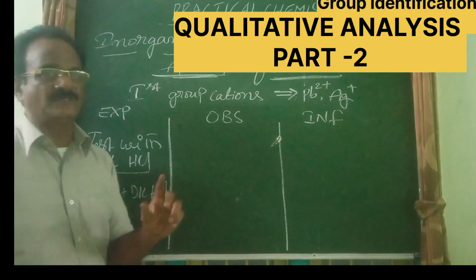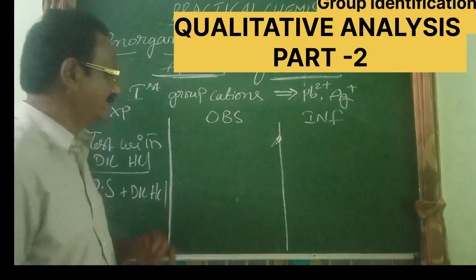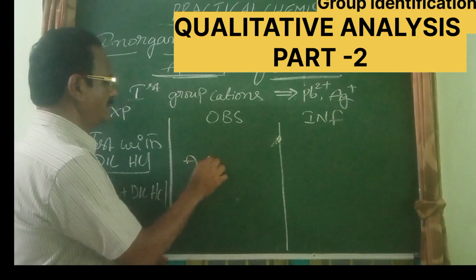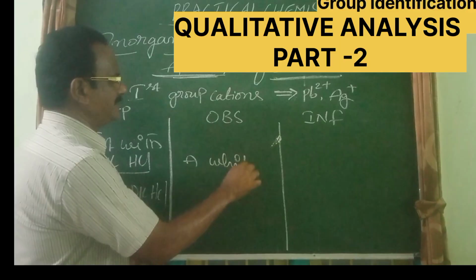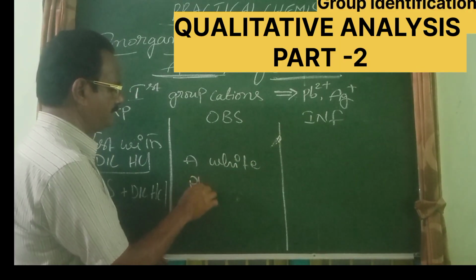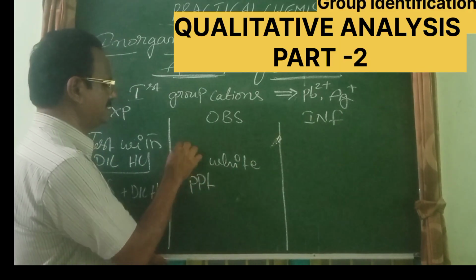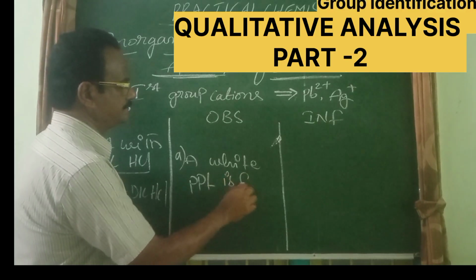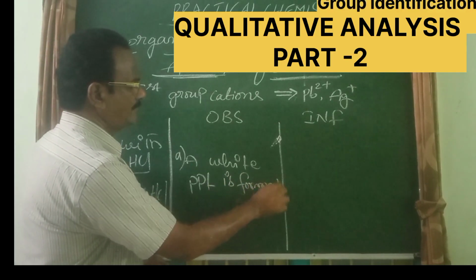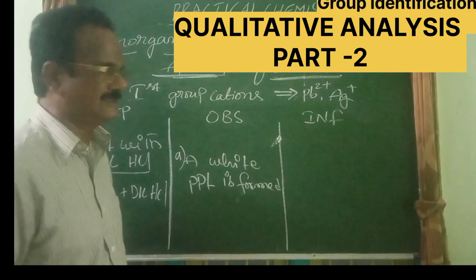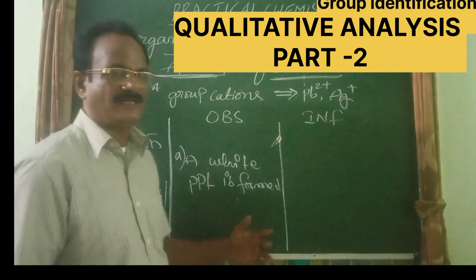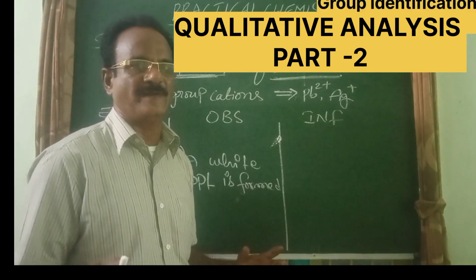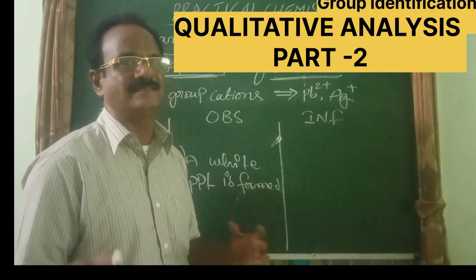The expected observation if there are first group cations is a white precipitate is formed. I am writing the probable observations here. If a white precipitate is formed, then one can expect first group cations in the salt.